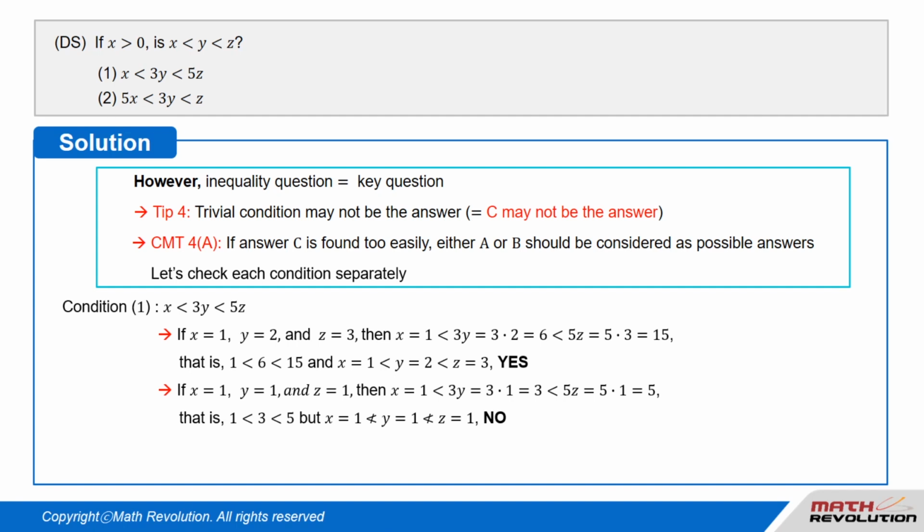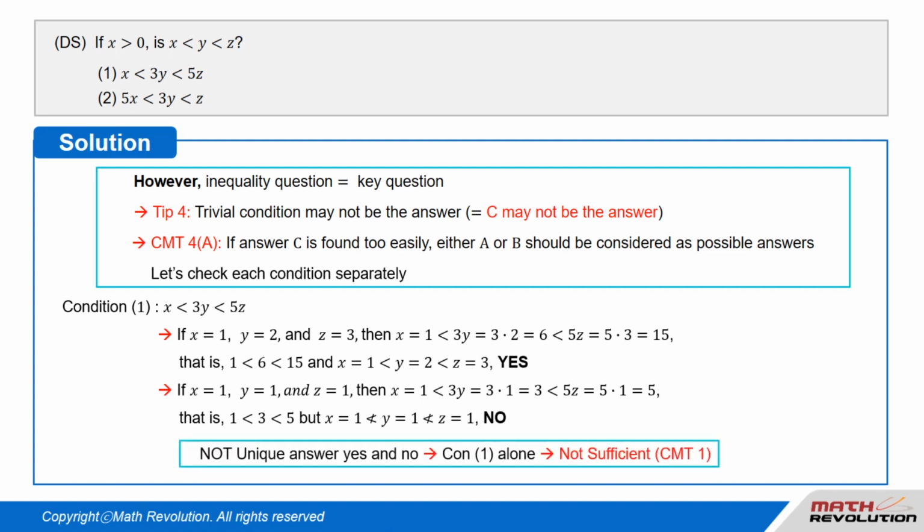Thus, we will get the answer no for is x less than y, which is less than z, if x equals y, which equals z, which also equals 1. By applying CMT1, we see that this condition is not sufficient since we get both yes and no as an answer, thus did not get a unique answer.